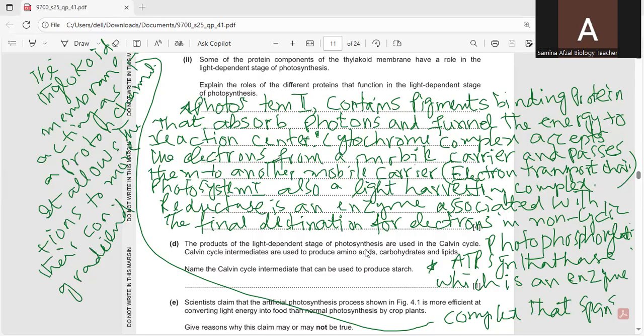They are performing as proton pumping. Proton pumps are there, which pump the protons inside or out of the membrane. So in this way, you can say there are many functions performed by these proteins. Now I would like to move towards the next question.